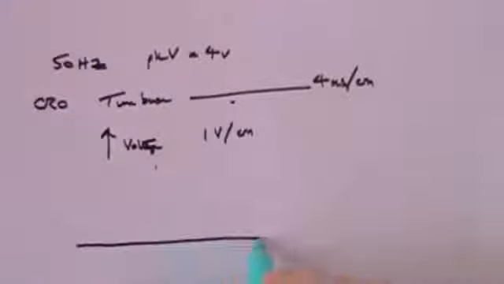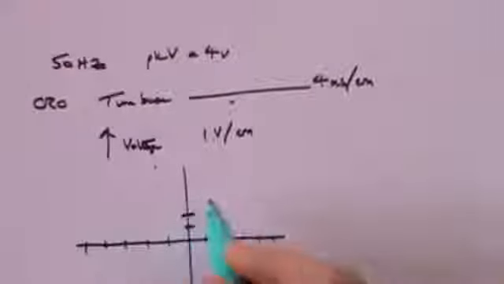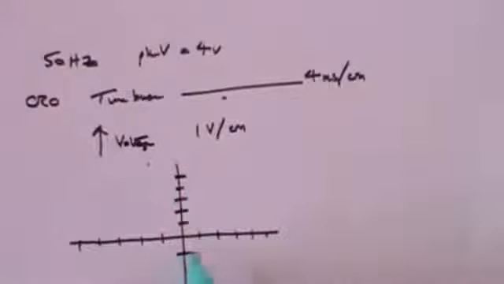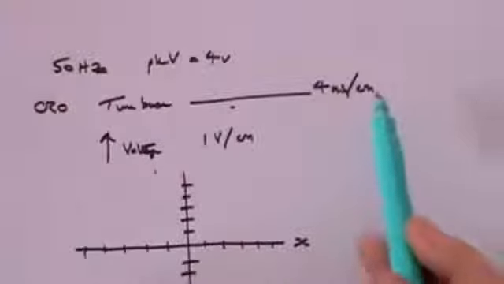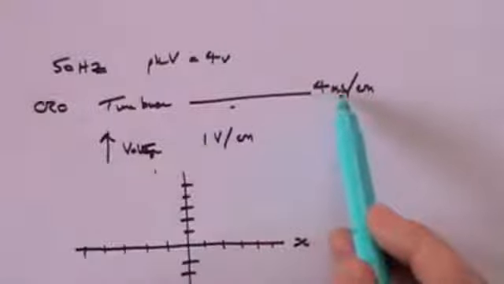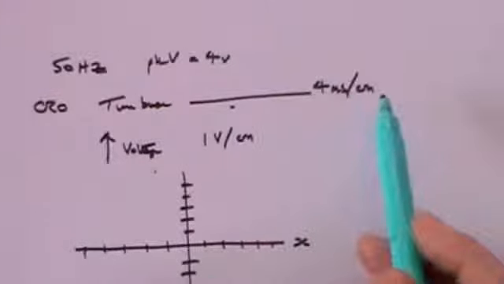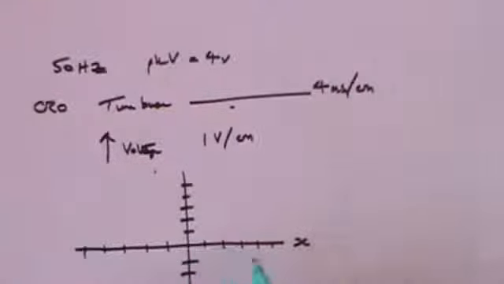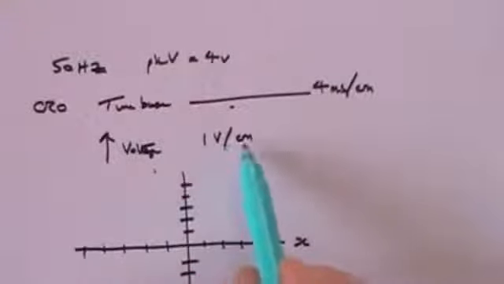So let's just get the measurements. Each of these is a centimetre on the CRO screen. And along the x-axis, we've been told that that's the time base. So that's 4 milliseconds per centimetre. So every one of those divisions is 4 milliseconds. As far as the vertical is concerned, 1 volt per centimetre.